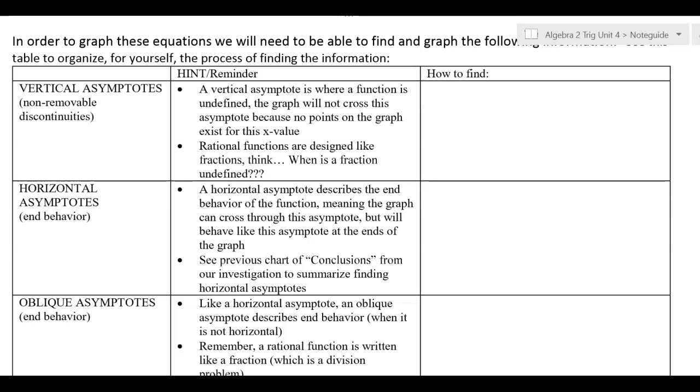So the first thing we would focus on are asymptotes, okay? Horizontal asymptotes we just talked about. I'm going to write, see the chart above, because that is based on degree, right?